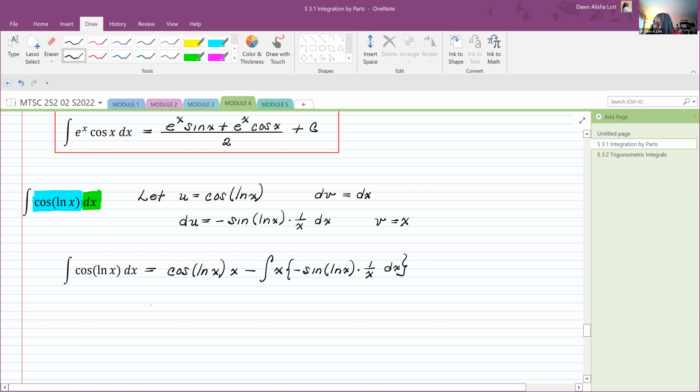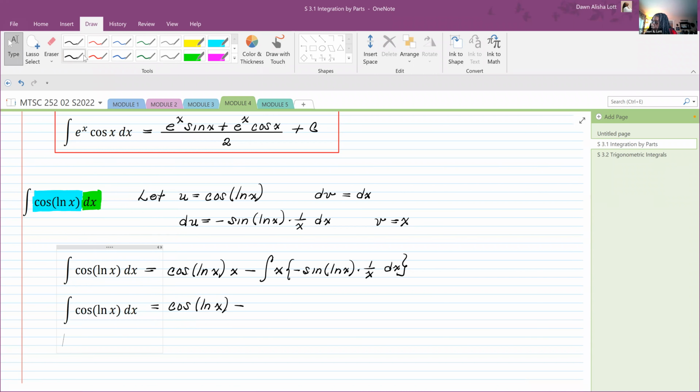Okay, and no, your eyes do not deceive you. What you find out is these x's divide out.